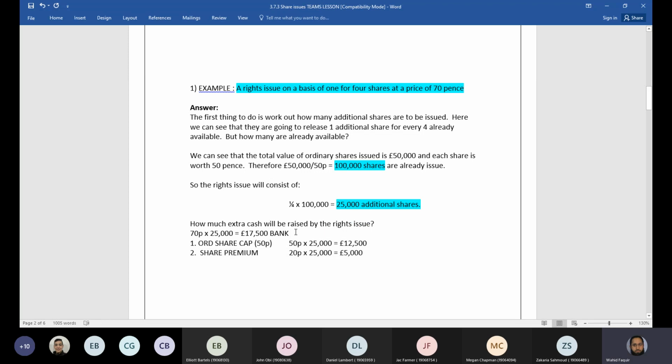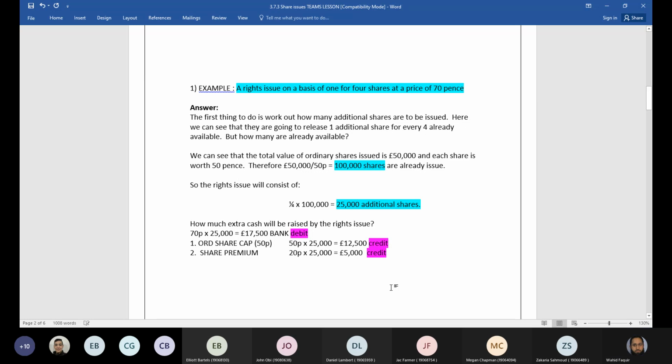So if you are able to jot this down, that was the debit because an asset has gone up. And then unusually, we have two credits. We're not breaking the rules of double entry. We say for every debit, we have to have an equal credit. The credits have been split, that's all.